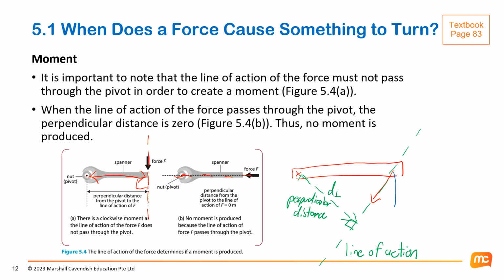That would be a force like this, because then my line of action would be, let's use a different color here. So if I have this line of action, then my perpendicular distance would be over here, which is the longest possible perpendicular distance between the pivot on the left and the origin of the force on the right. So this would be a second perpendicular distance.